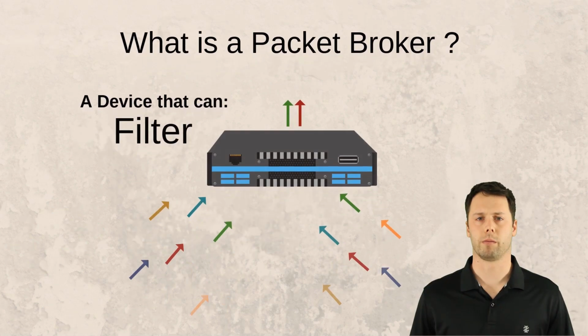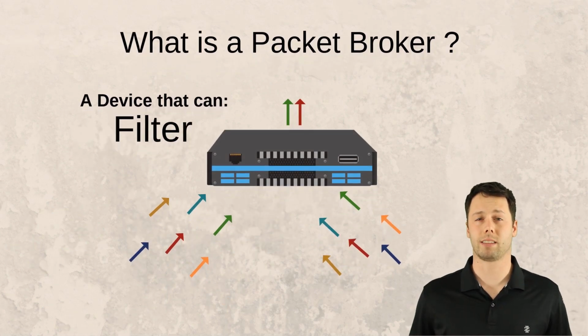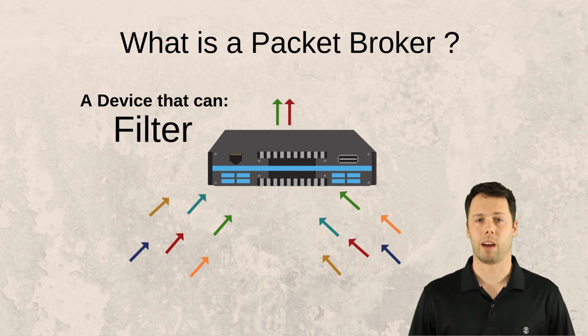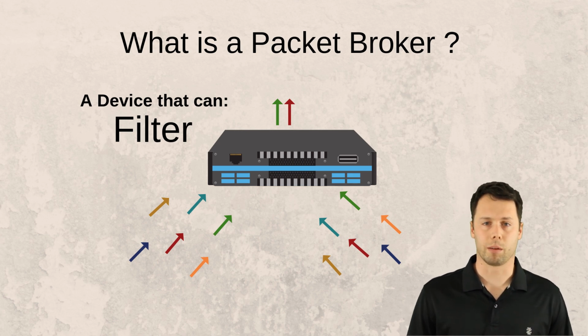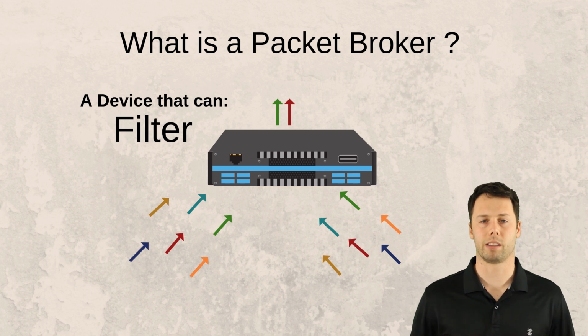So how does filtering work? Well, we have lots and lots of data. In fact, it's not just gigabytes or megabytes, it's terabytes and petabytes, which, forget those wordy terms, it's a lot of data. It's often too much for most security platforms to analyze, whether it's an inline tool or out of band.